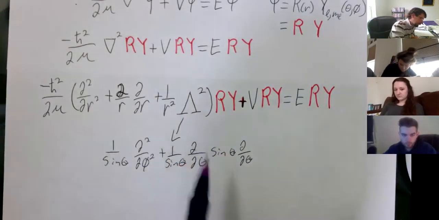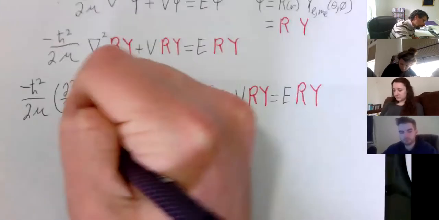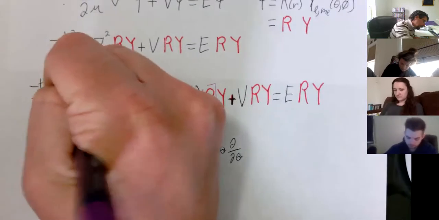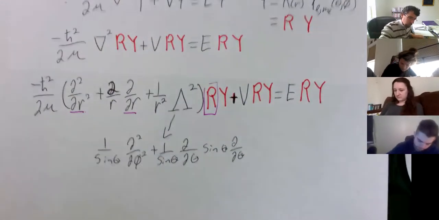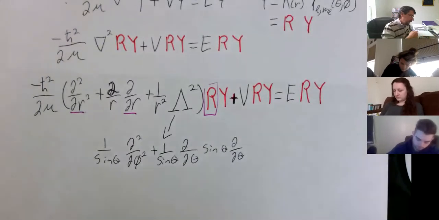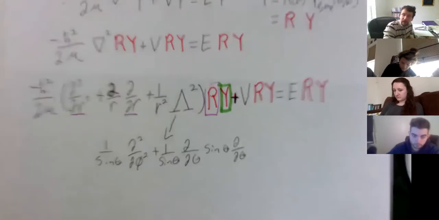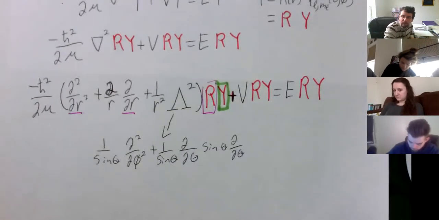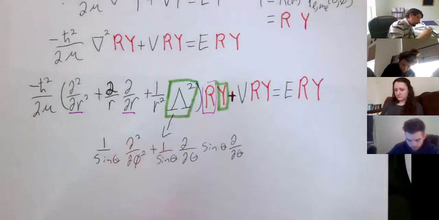So the first 3 terms are influenced by r. What about y? What does that depend on again? Just the last term, phi and theta.